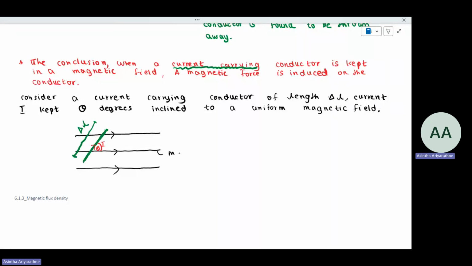So this is the direction of magnetic field. It is flowing towards right.